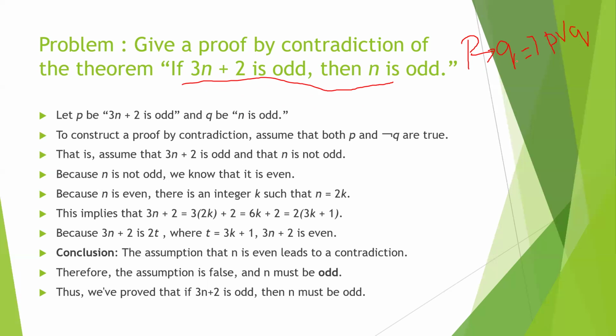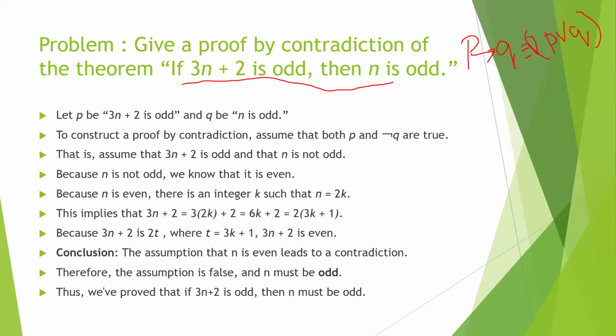By the theorem, P implies Q means negation of P or Q. So what we have to do is simply negate the statement.